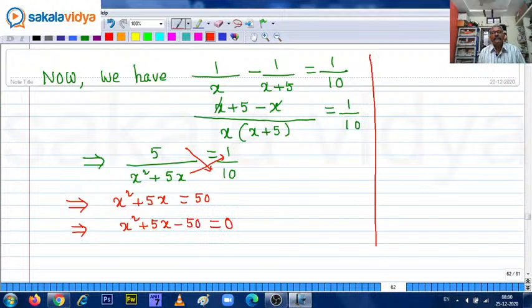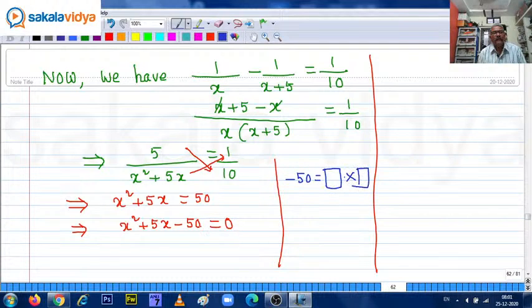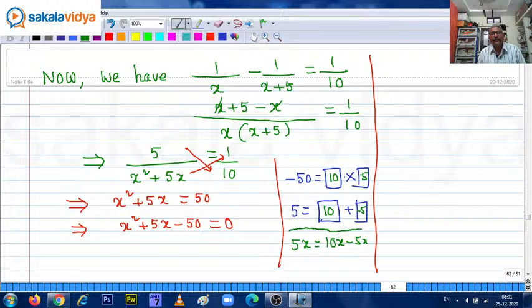So now let us solve it. Minus 50 is equal to the product of two numbers, and the coefficient of the middle term, 5, is their sum. We can write 10 into 5 is 50, but we need 5, so write 10 and negative 5. That means 5x can be written as 10x minus 5x. You remember this one.